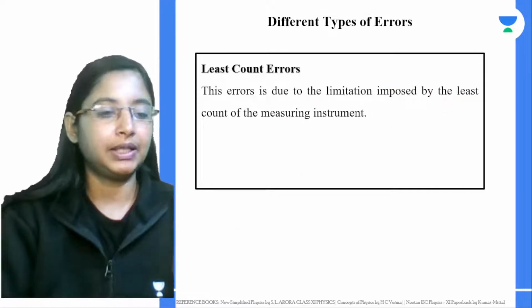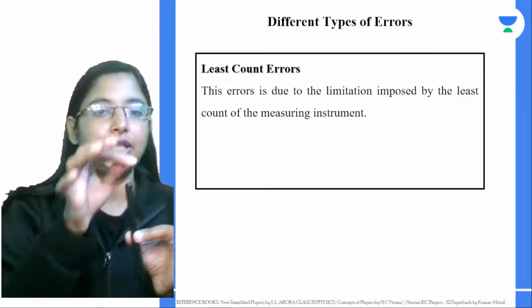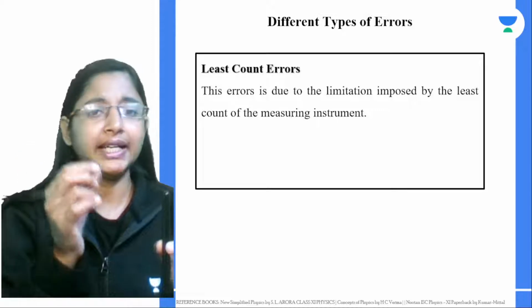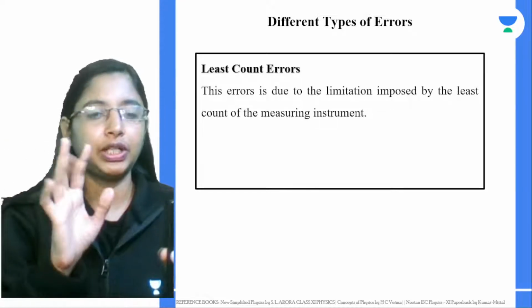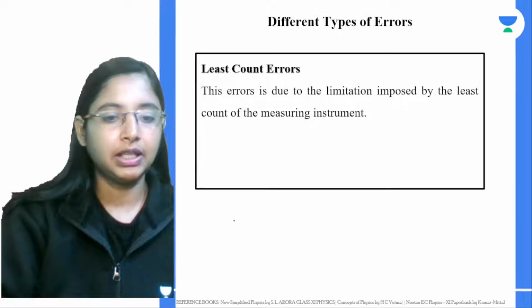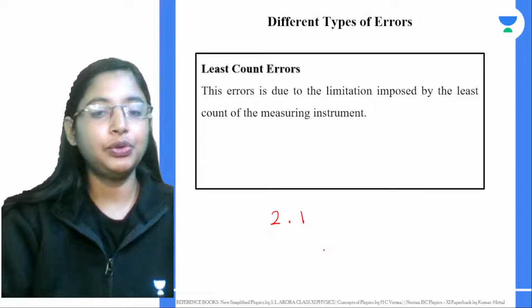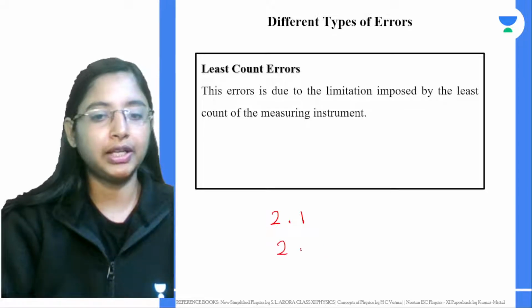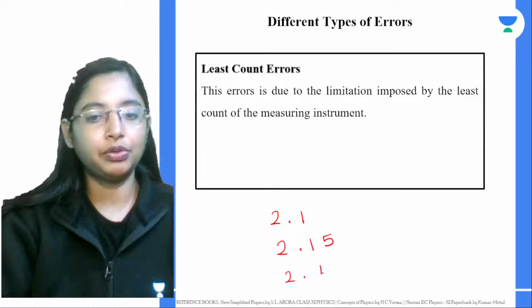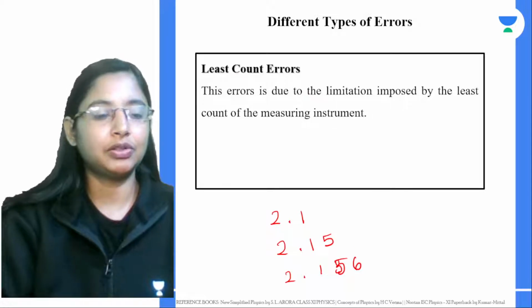Very simple. Let's say I want to measure the thickness of the pen using an inch tape. I'll get only up to 2.1, 2.3, only 0.1 precision. But if I use a screw gauge, I'll get, let's say, 2.15. If I use a vernier caliper, I get 2.136, or 2.156. Now these errors are because of least count.